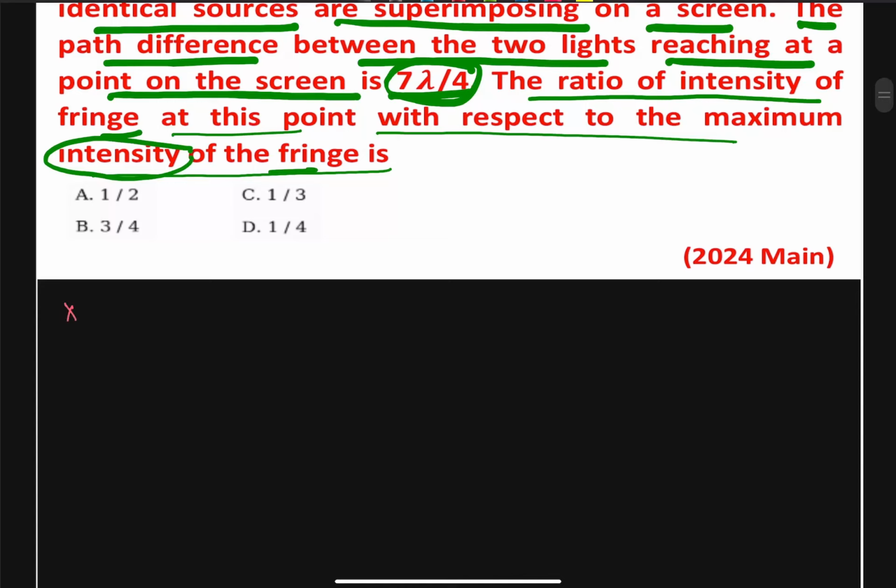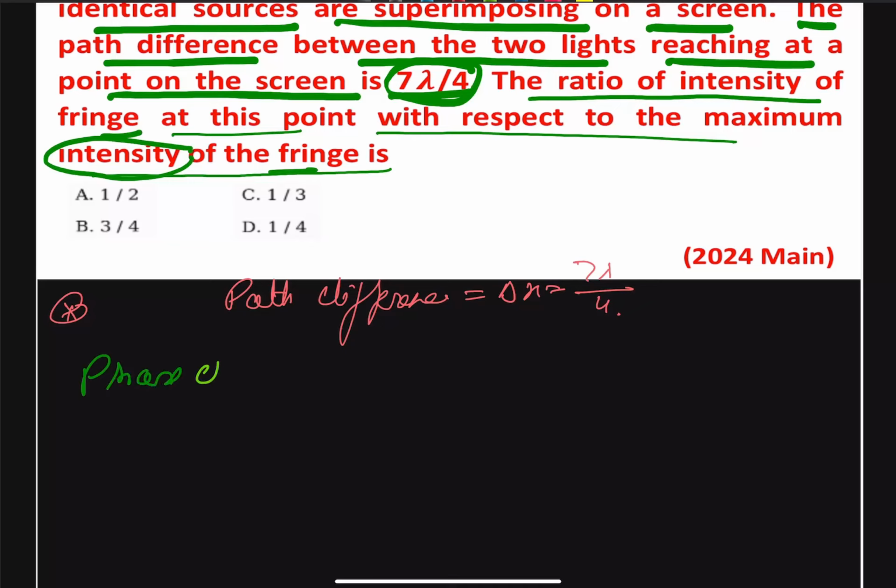So we are given that our path difference, sorry, not lambda x but delta x, is 7 lambda by 4, and we know that the phase difference, if that is represented as phi, will be equal to 2 pi by lambda multiplied by the path difference.